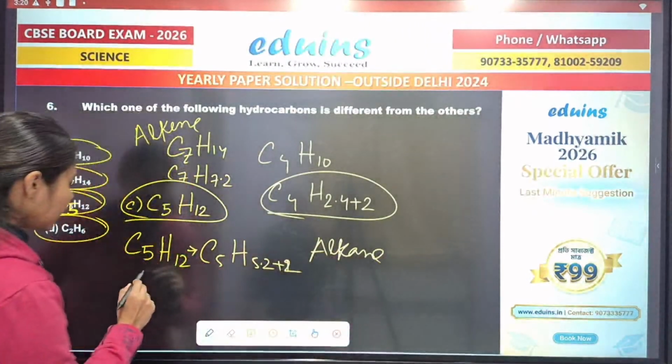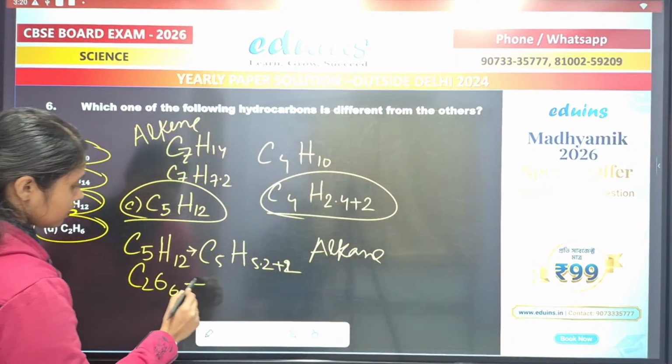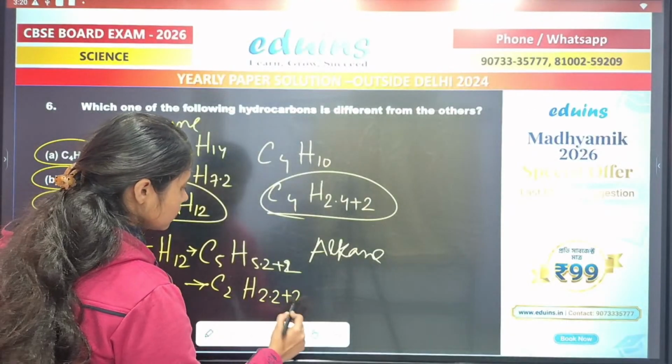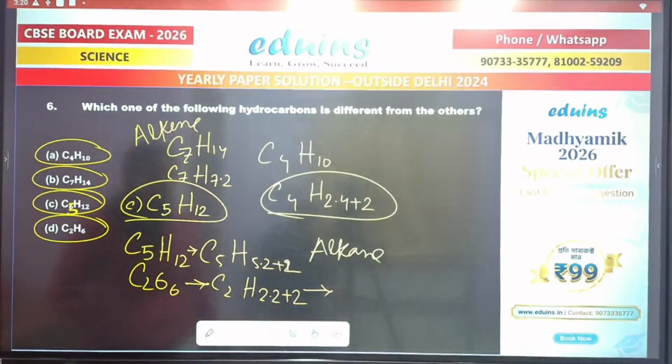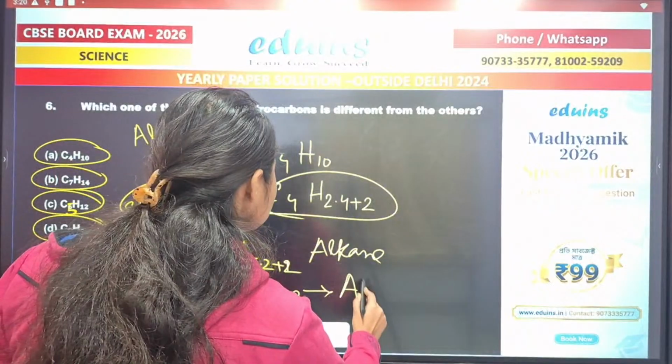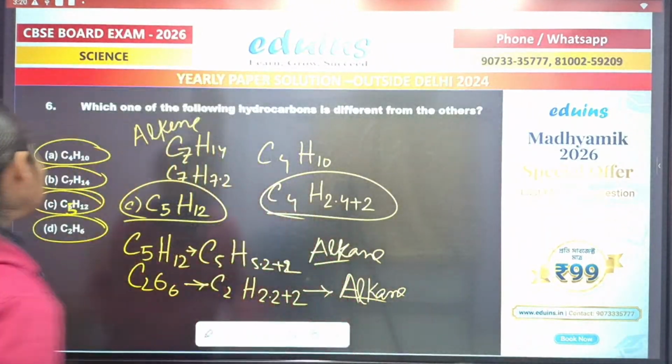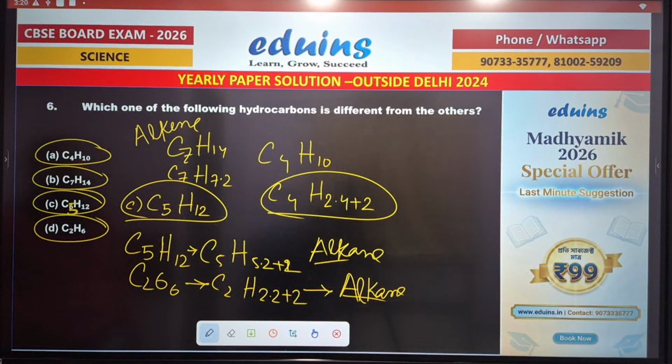And C2H6, 2 plus 2, is from the alkane group. So those three options belong to the alkane group, but only C7H14 is an alkene. So this is the right option, and this hydrocarbon is different from the other hydrocarbons. So this is the correct answer.